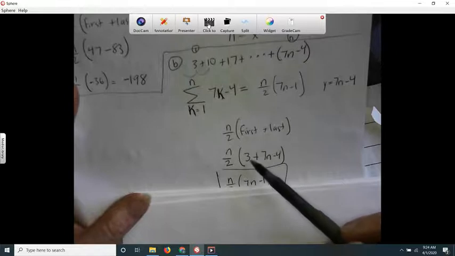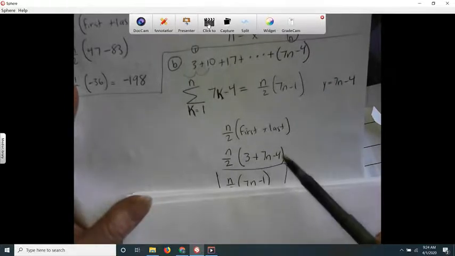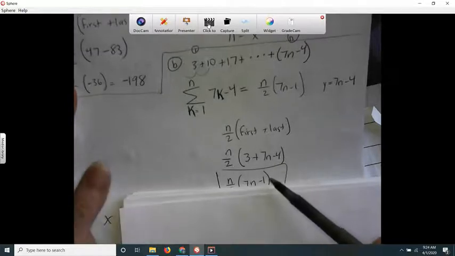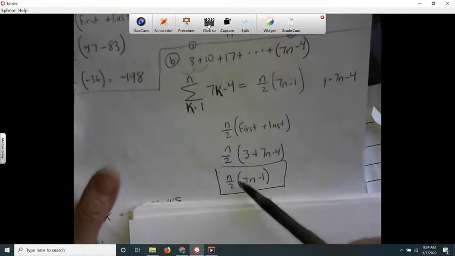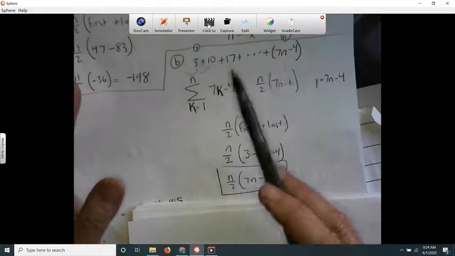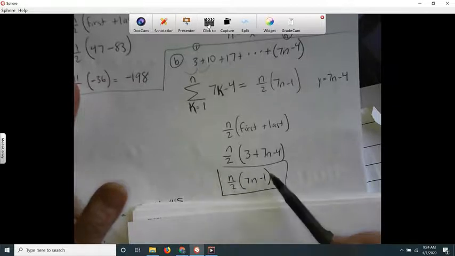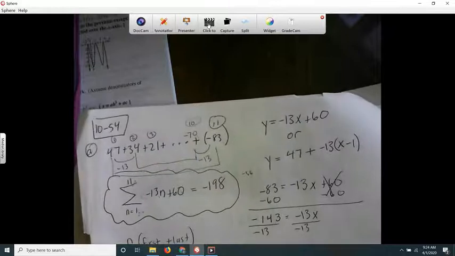So the first term is 3. The last term is 7n minus 4, but the 3 and the negative 4 make negative 1. So there it is. I don't know how many pairs there are because I'm just going all the way up to the nth term, so I just have to leave it as an expression. So this right here is your answer.